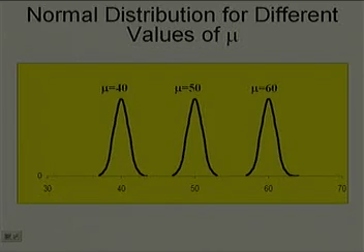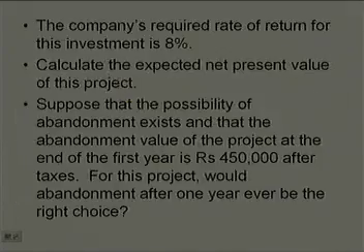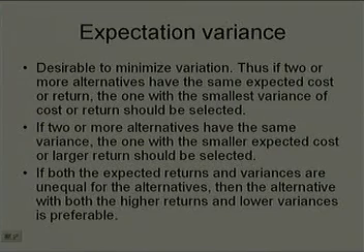So this is what is meant when you say that if two or more alternatives have the same variance, the one with the smaller expected cost or larger return should be selected. So these two statements I hope is clear to you.